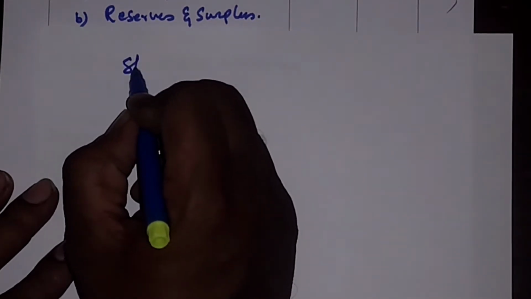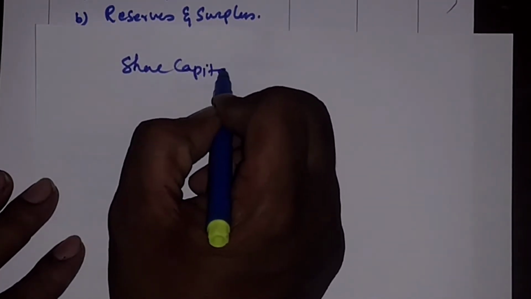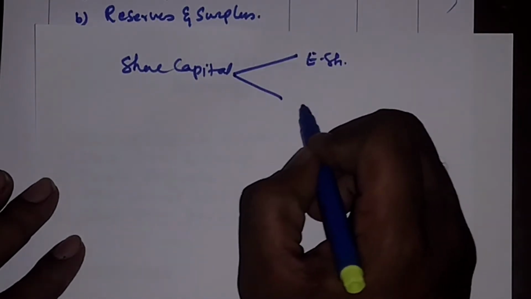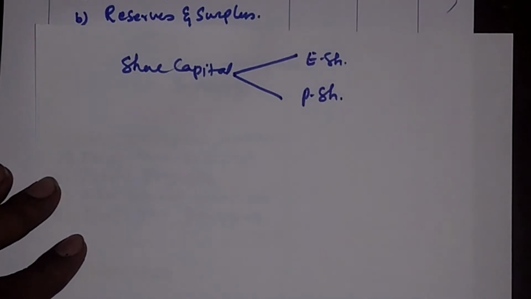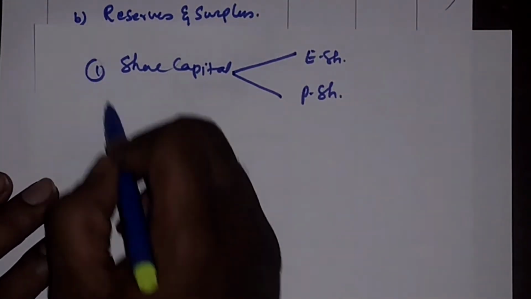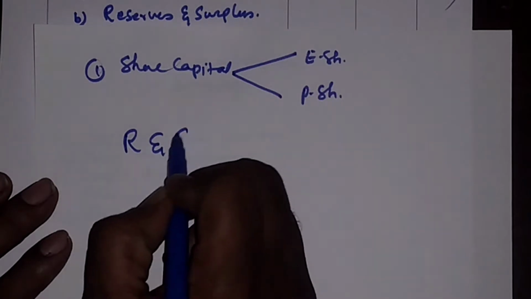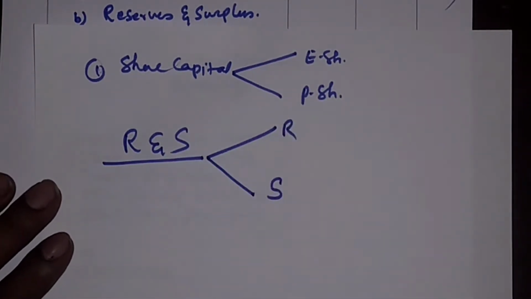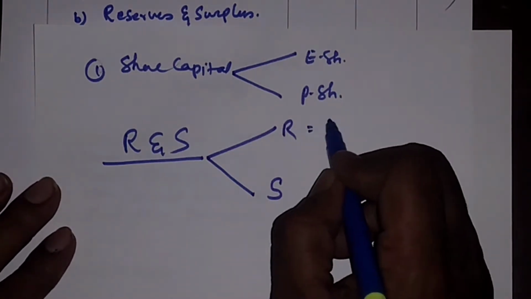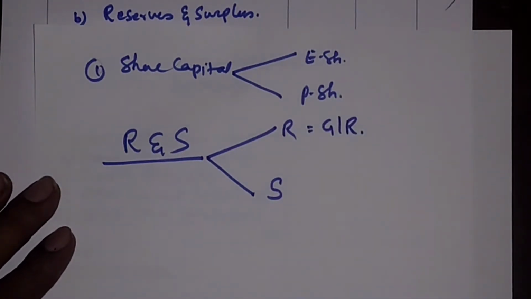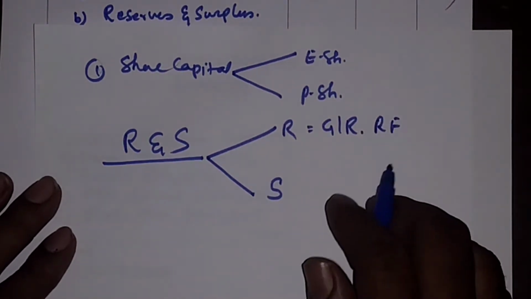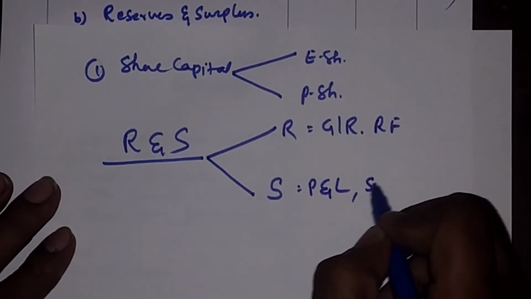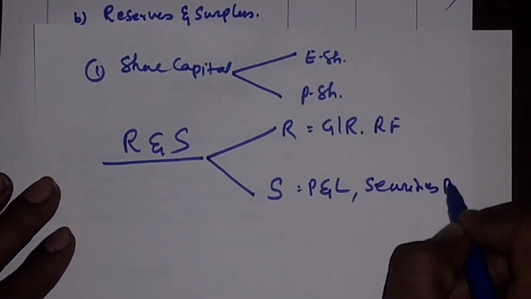The very first one is share capital. This share capital is a combination of equity share and preference share. Next one is reserves and surplus. Let me subdivide it into reserve and surplus separately. Reserve refers to general reserve or reserve fund, and surplus refers to profit and loss account, securities premium.